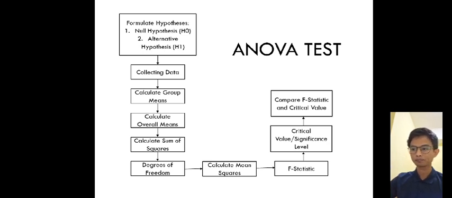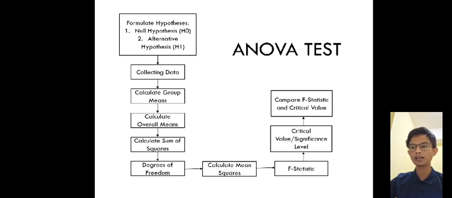So here is an example of how to perform an ANOVA test. The first step is to formulate the hypothesis. In a statistical test there is an H0 and an H1. H0 is the null hypothesis, where we assume there is no significant difference between the group means.